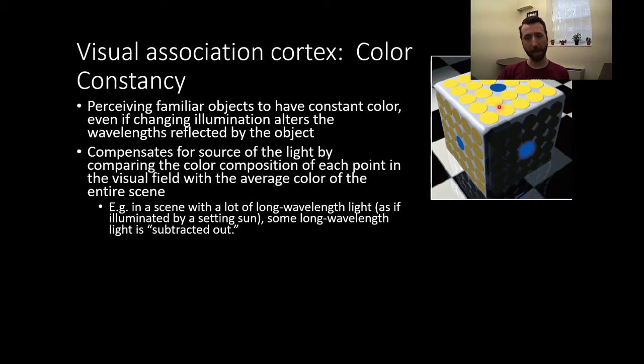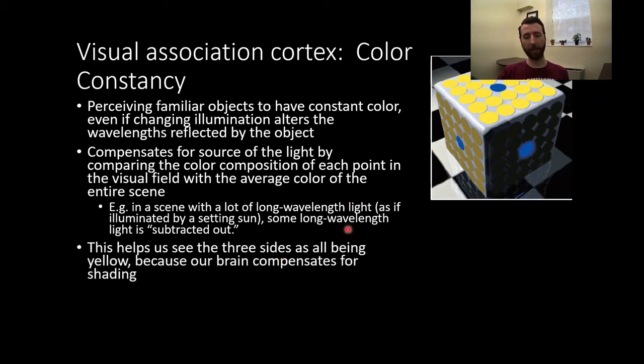At the same time, we must then perceive the blue as being different, right? This blue looks pretty bright because it is on this dark side here. So if it's looking the same, that must be pretty bright. And this is probably a normal color. So basically, the system allows us to compensate for the lighting in a scene by quickly looking at it, determining the average color of the scene, and then subtracting out light as necessary to perceive a uniform color.